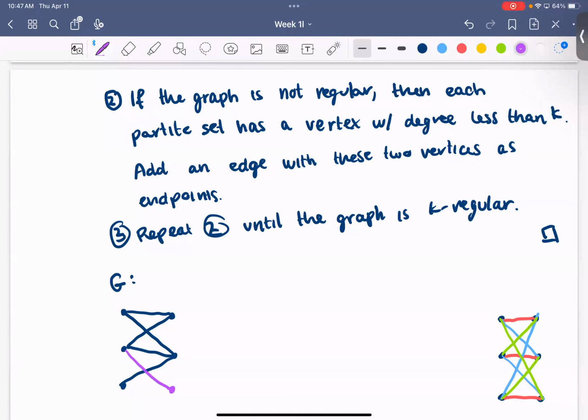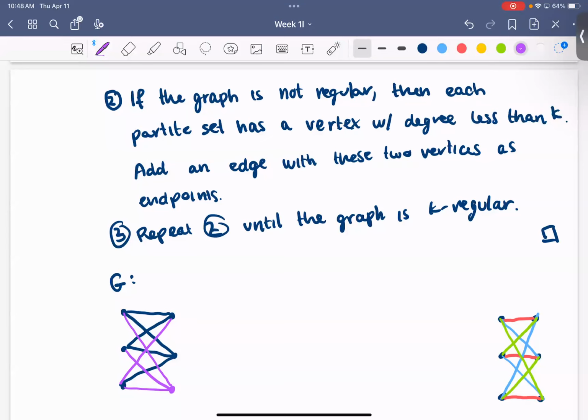I'll add in edges to fill this out. By the way, this argument did not rely on this bipartite graph being simple, so it's okay if I add in multiple edges when I do this.